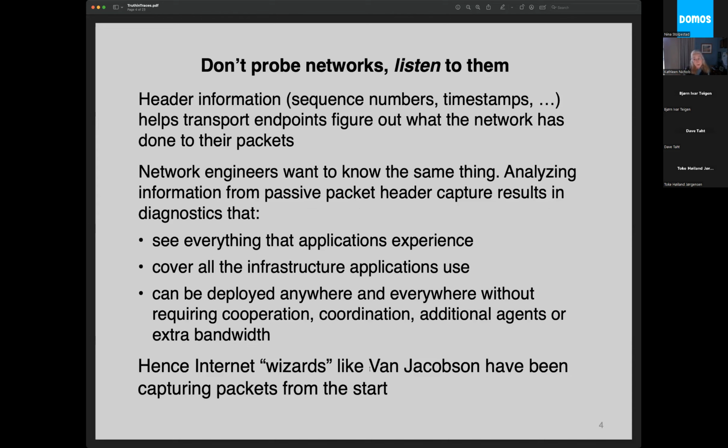I believe Stuart kind of alluded to this yesterday. And if you can analyze that packet capture information, you get to see everything the applications experience. You can cover all of the infrastructure that they've gone over, and you can deploy packet capture anywhere. And hence, because of these reasons, internet wizards like Van Jacobson have been capturing packets from the start, and that's what they use to learn about how networks actually work.